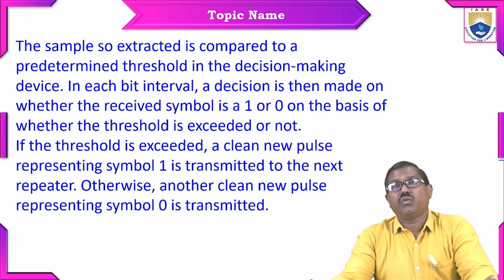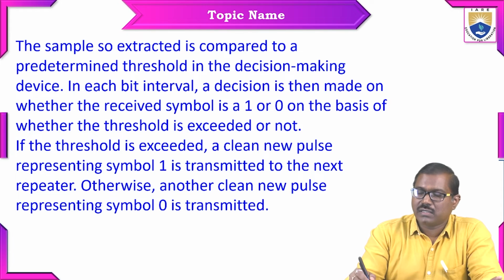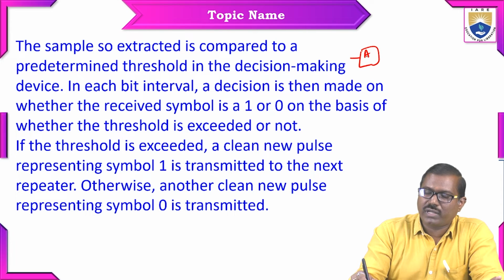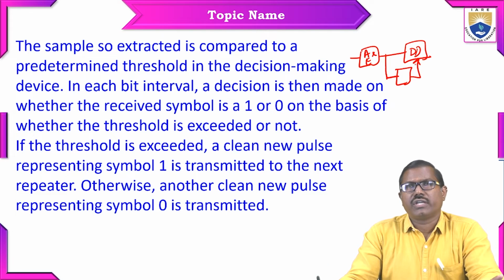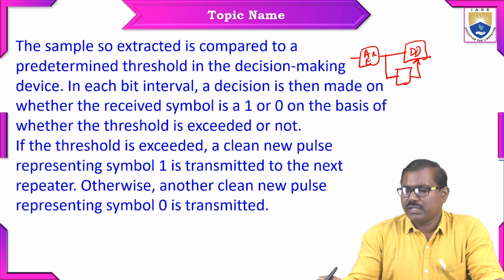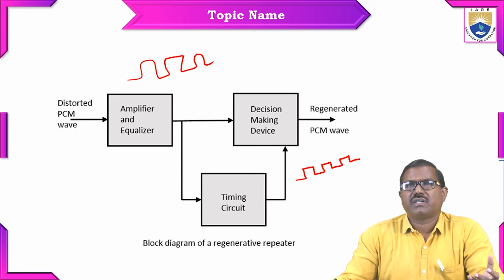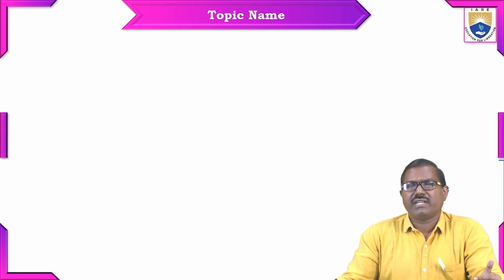Here we have only 3 blocks in the repeater: one is the amplifier and equalizer, and this goes to the decision making device. Before this decision making device, you give this periodic pulse train taken from this timing circuit. So here you can see the amplifier and equalizer, the timing circuit, and finally the decision making device.